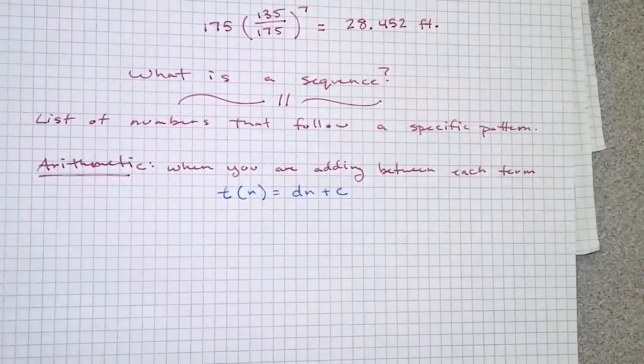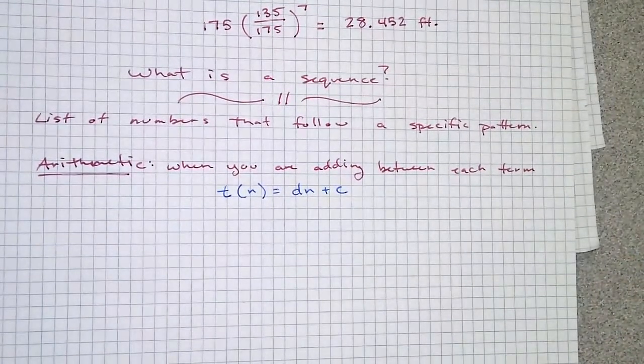And the formula for that, we'll talk about in a little bit, is T of n equals dn plus c.